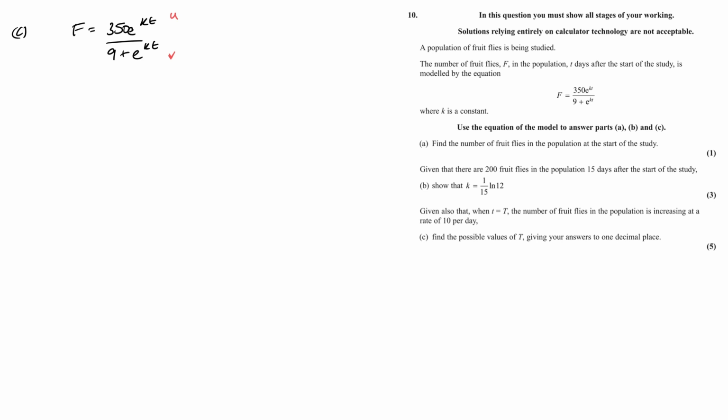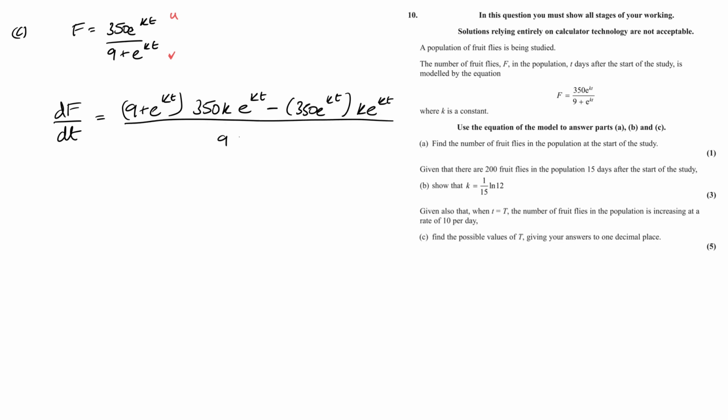Okay, so this is going to be df by dt. I'm going to differentiate the top: it is v du by dx, and that would be 350 k e to the kt, minus u dv by dx, so 350 e to the kt multiplied by the bottom differentiated, which is just going to be k e to the kt, all over the bottom squared. And now I just want to do a little bit of sorting out.